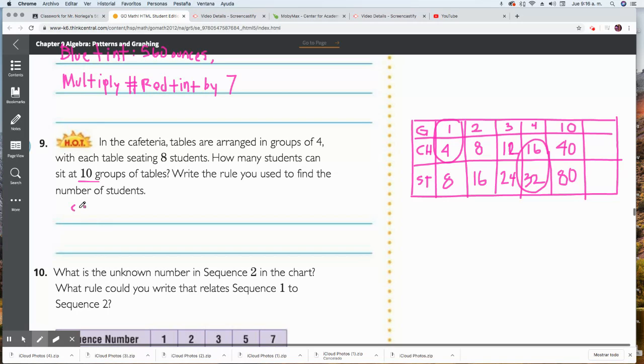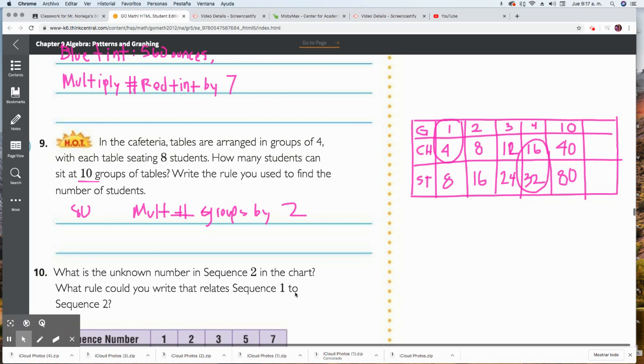This is a number. So we'd say 80, and the rule would be to multiply the number of groups by 2.